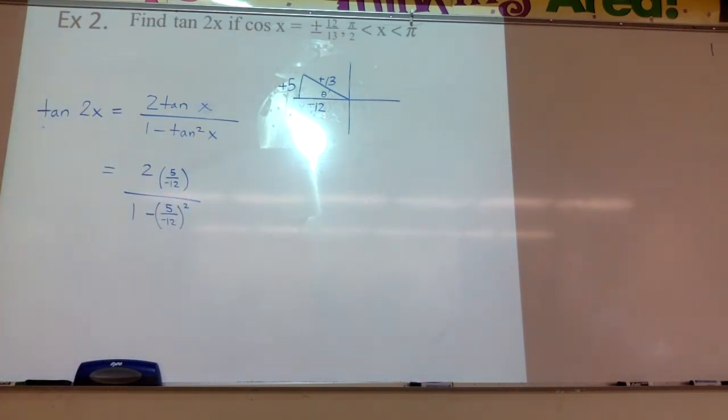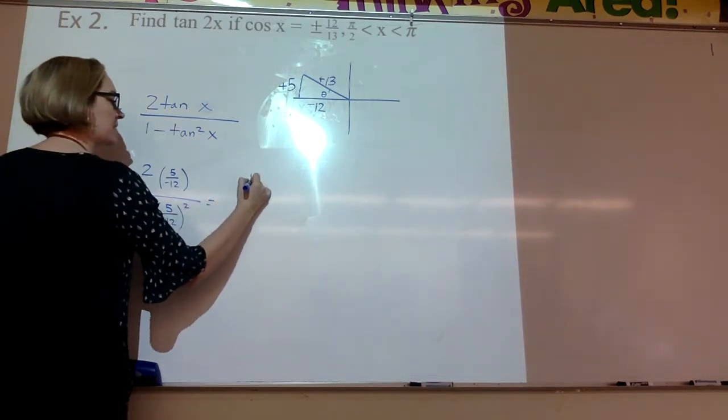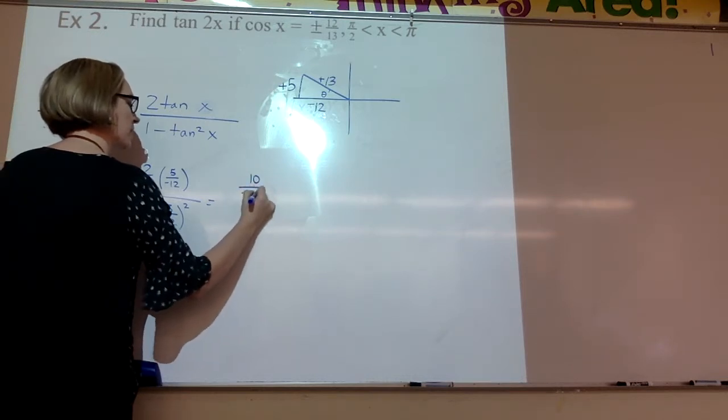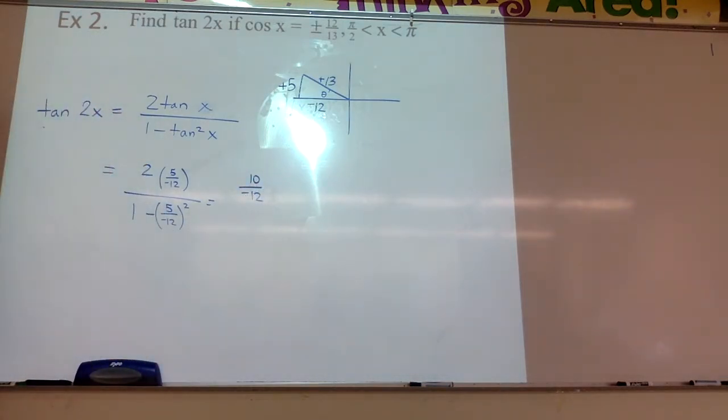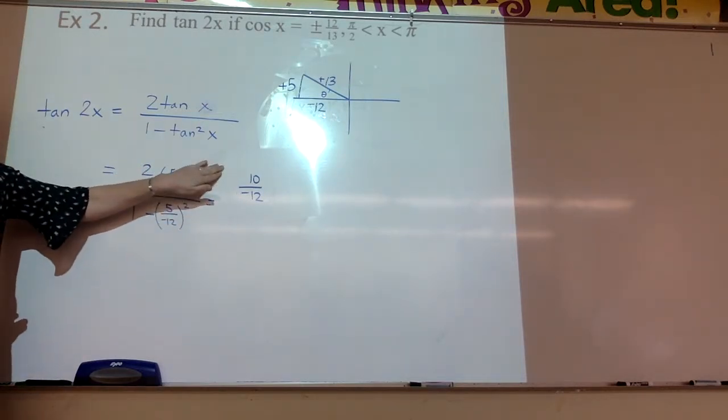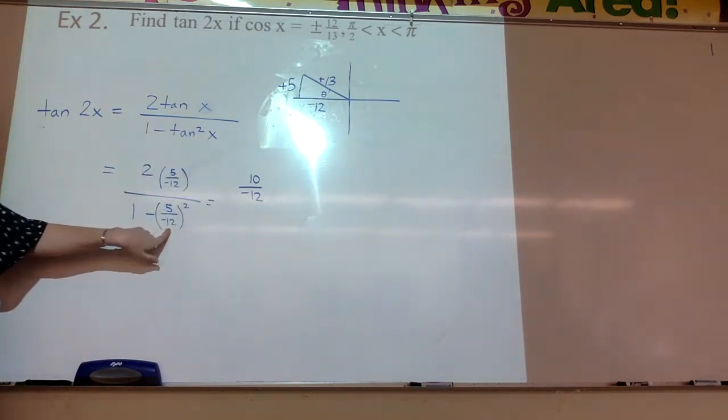All right, so now we're going to really jump into some complex fractions. Up top, I'm going to get 10 over negative 12. Does that reduce? Yes. However, my only caveat to reducing right now is the fact that if you start to make this smaller, notice this is going to go up to 144.